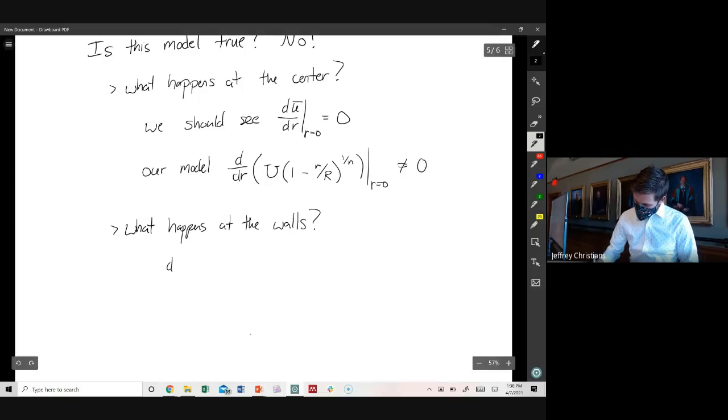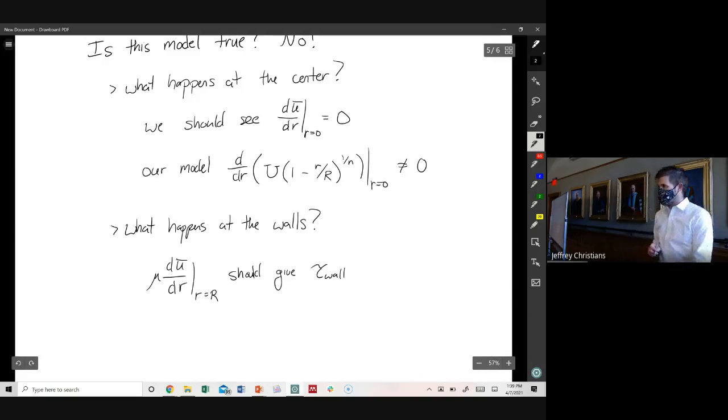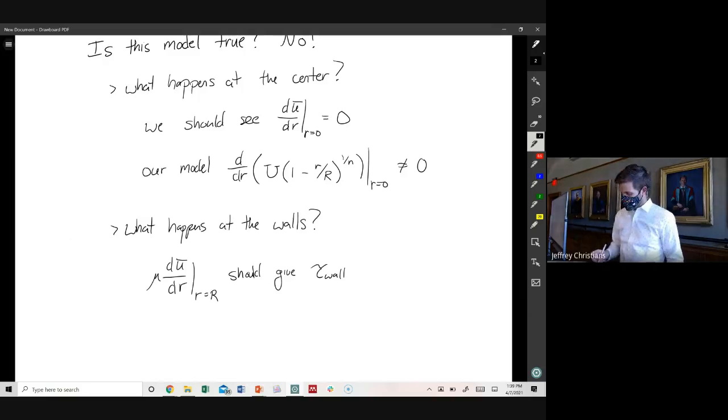So du/dr evaluated at r equals big R should, I guess that would be mu times that, should give the shear stress at the wall.